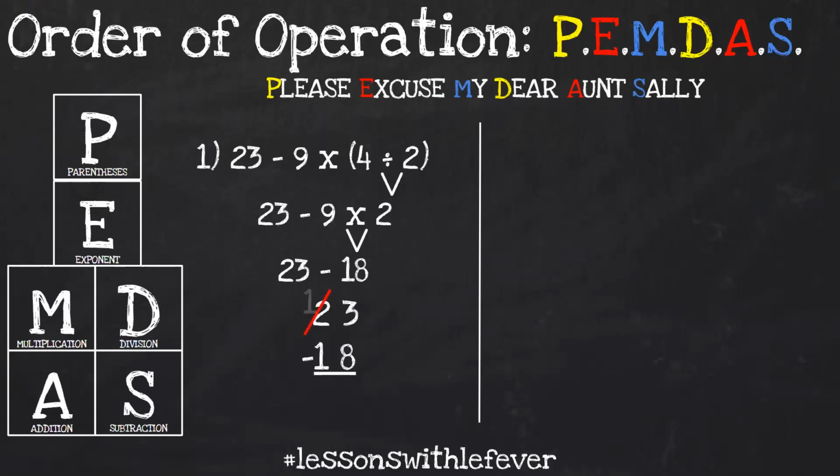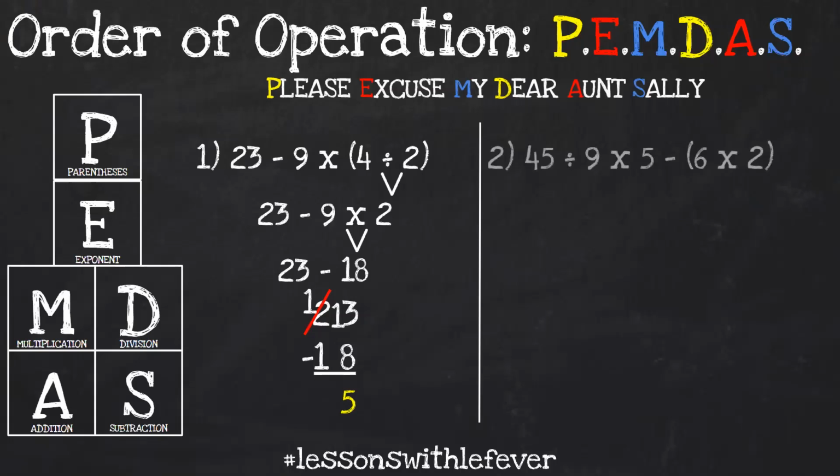My 2 tens becomes 1 ten, and then I bring over 10 to the 3, which makes that 13. Now 13 minus 8 equals 5, and 1 minus 1 is 0, so my answer is 5. This expression was equal to 5.